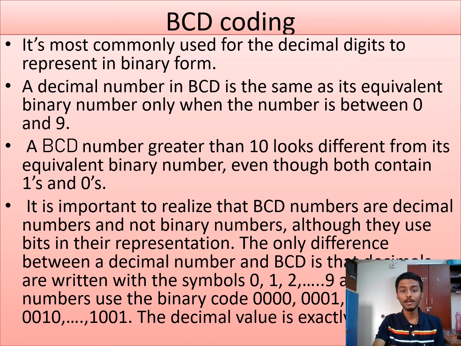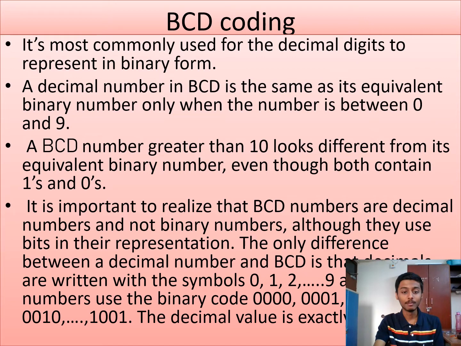A decimal number in BCD is the same as its equivalent binary number only when the number is between 0 and 9. A BCD number greater than 10 looks different from its equivalent binary number even though both contain 0s and 1s. It is important to realize that BCD numbers are decimal numbers and not binary numbers, although they use bits in their representation.